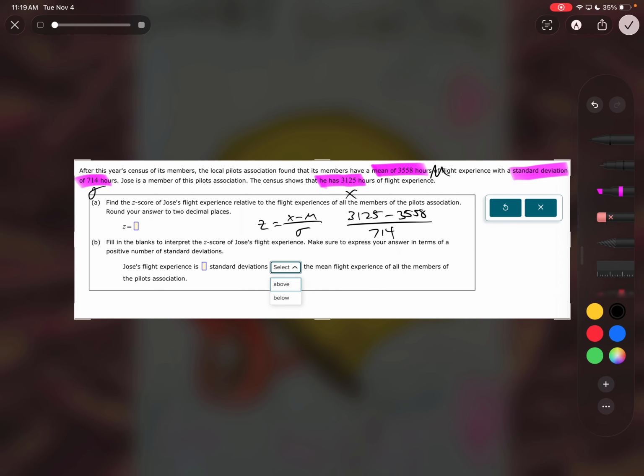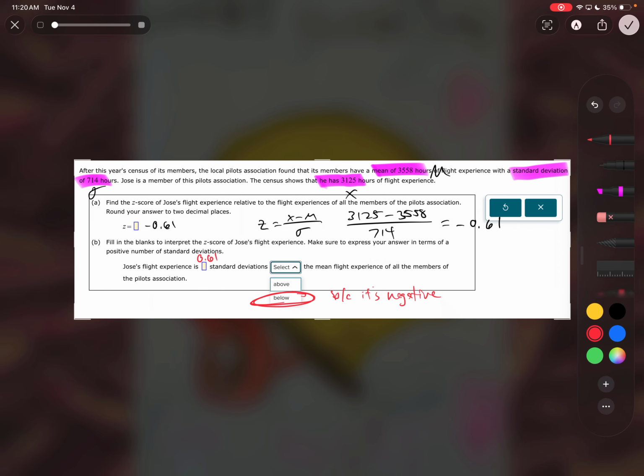You just figure out how far it is away from the mean, and then you divide it by the standard deviation, and that tells you how many standard deviations you are away from the mean. 3125 minus 3358 divided by 714 is negative 0.61. It says 2 decimal places. Okay, all right, so that's my z-score. So Jose's flight experience is 0.61 standard deviations below the mean because it's negative.